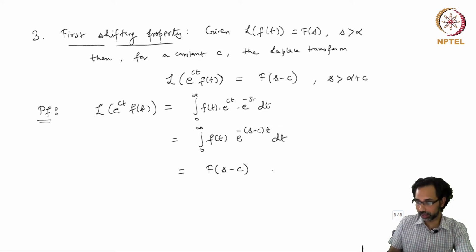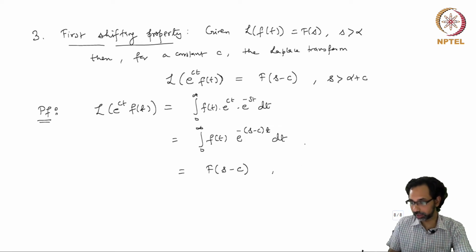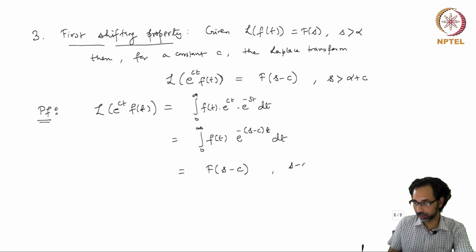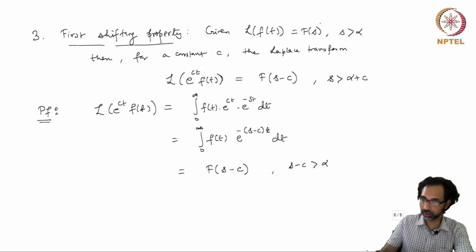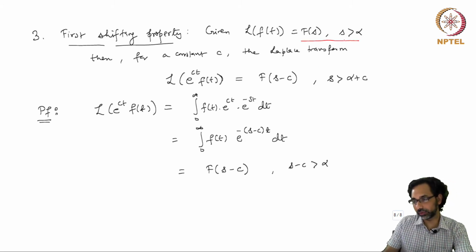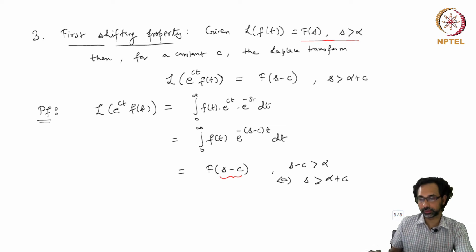So the only thing that remains now is to compute the region of convergence, but we need s minus c to be greater than alpha because our initial function F(s) is defined for s greater than alpha. So s minus c should be greater than alpha, but this is nothing but s greater than alpha plus c.